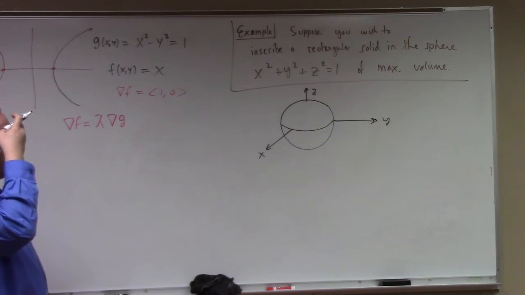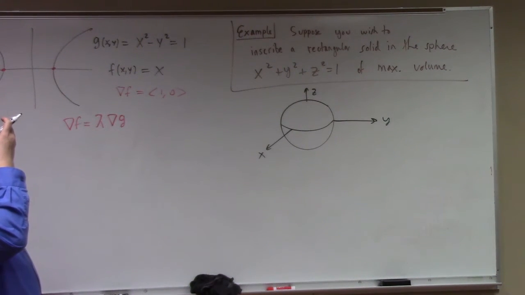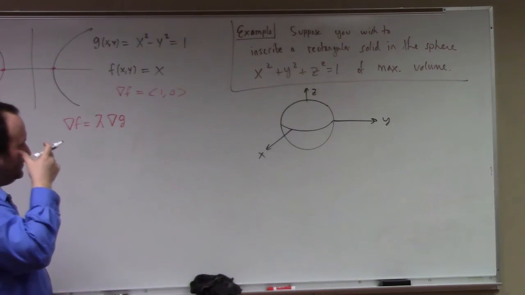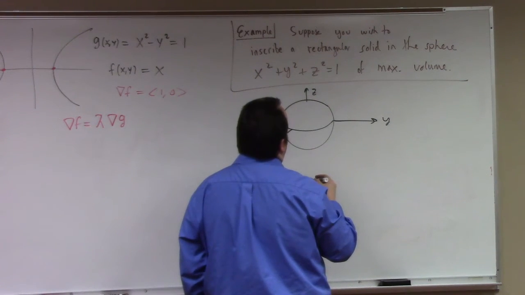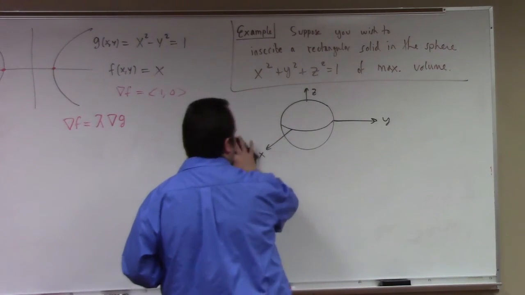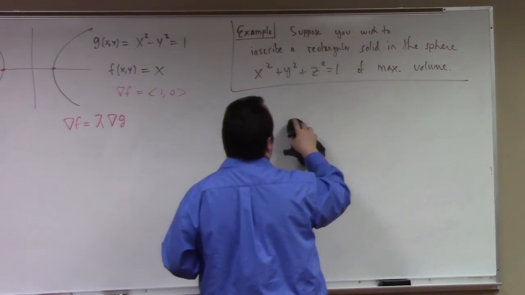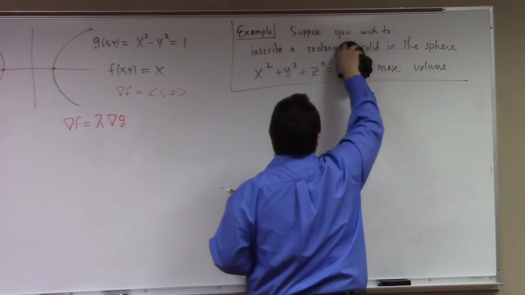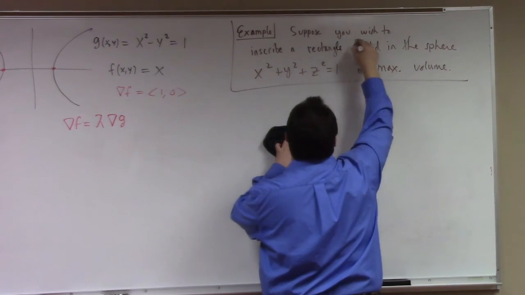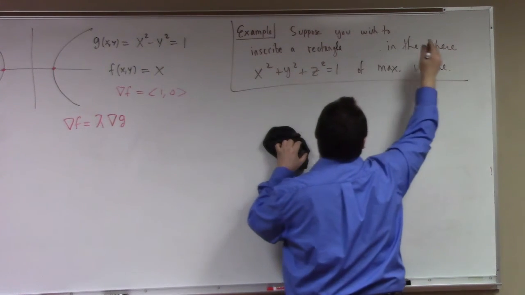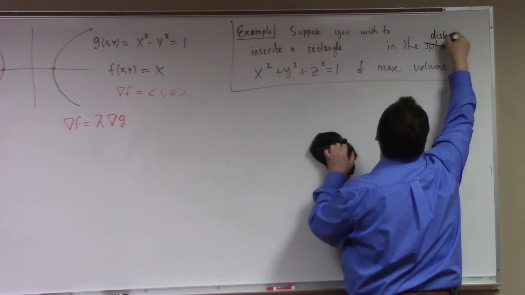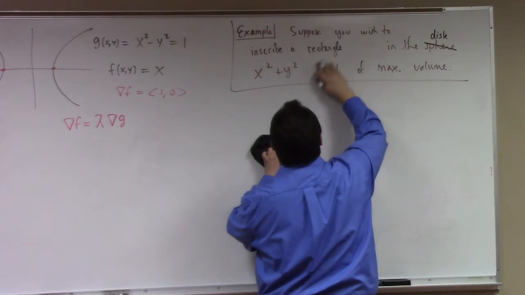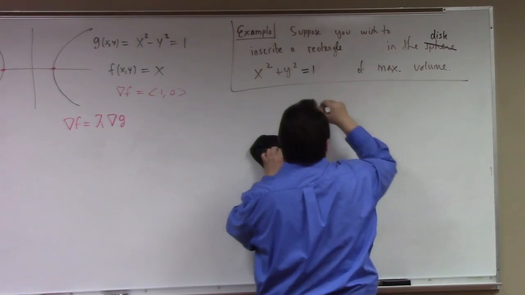I'm trying to think how to picture this. I guess I just have to face that this is outside. Let me do something I can actually draw in class today. Let's do a rectangle in the disk. Get rid of that pesky z. Oh man, it's another two-dimensional example. That's no fun.